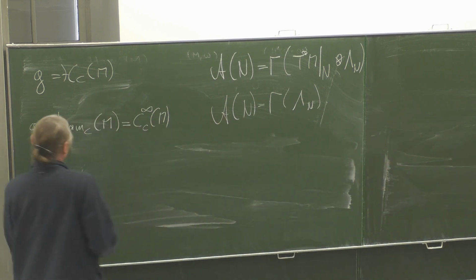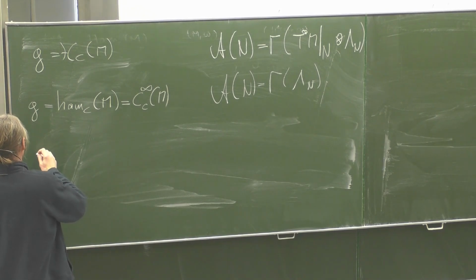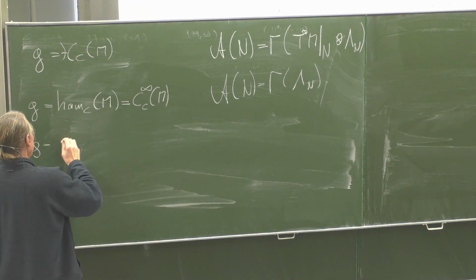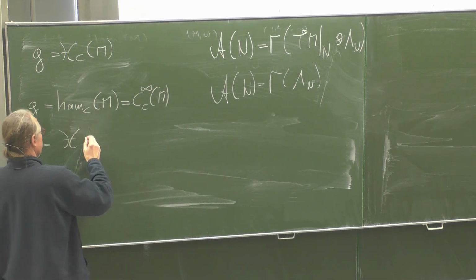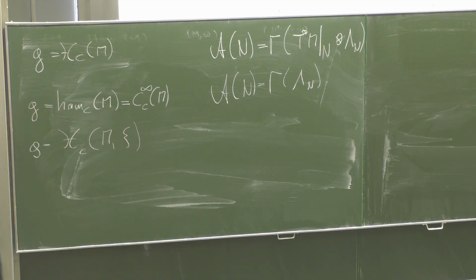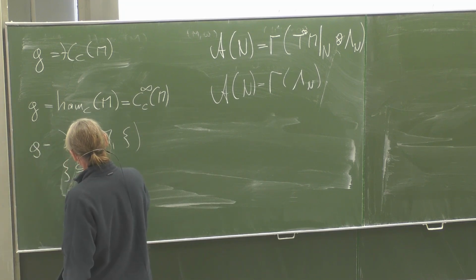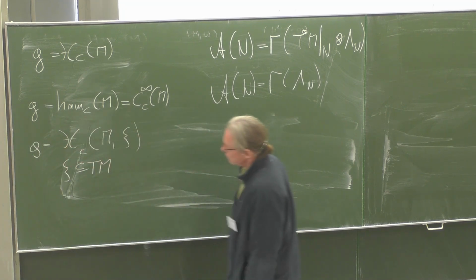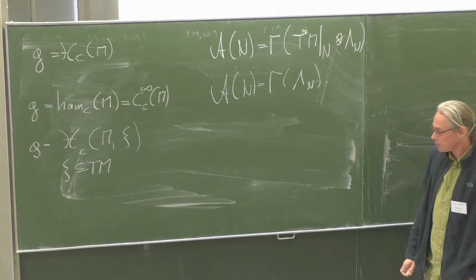The third example is the group of contact vector fields. So we suppose we have a contact structure in our manifold. Psi is a contact hyperplane field in TM.